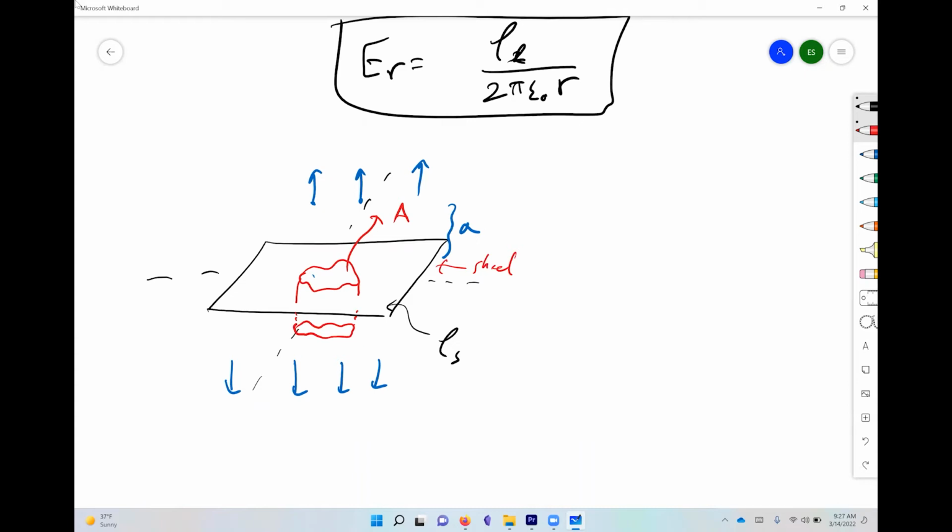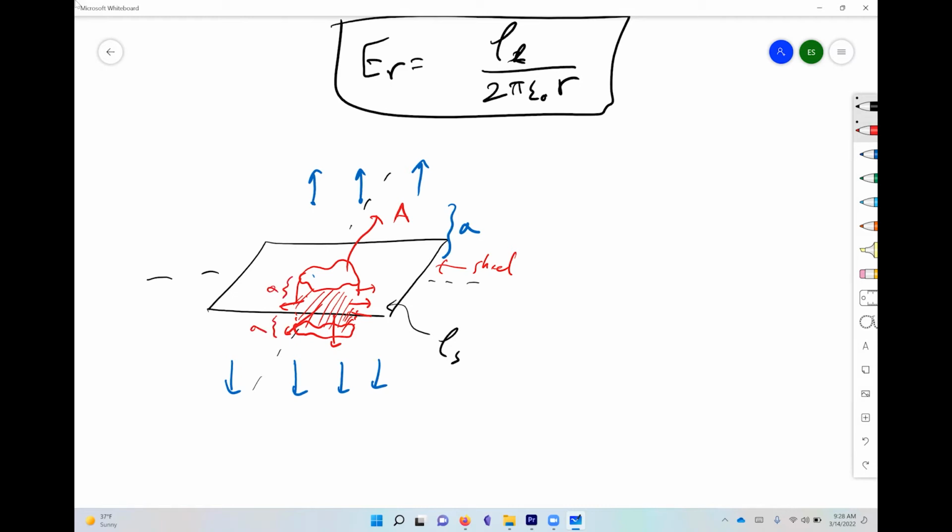From the symmetry, the sides of this closed surface will not contribute anything to the Gaussian integral. Why? Because the surface elements are always going to be perpendicular to the electric field. Only the top and the bottom are going to contribute. Okay, and assume this has distance A here, and this has distance A too.